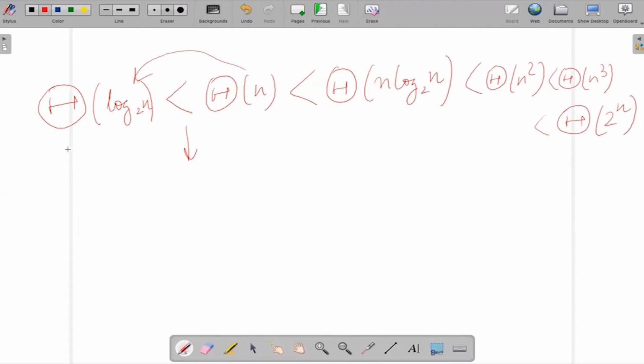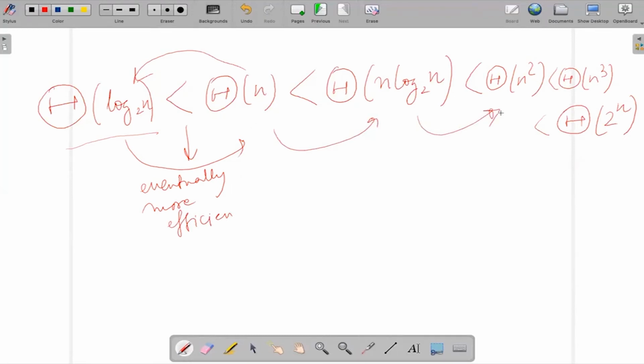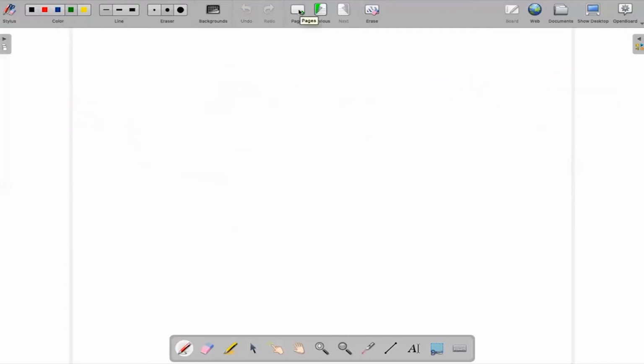That is, eventually theta log 2n will be more efficient than theta n. Similarly, eventually theta n will be more efficient than theta n log 2n. So this is eventually more efficient. Similarly, in all other cases. In fact, if we draw the growth of these functions, we will immediately be able to visualize this observation better.